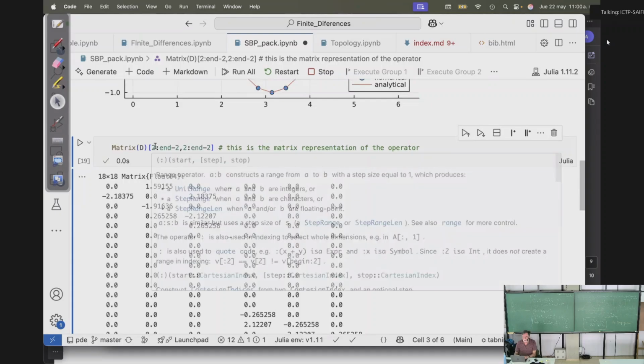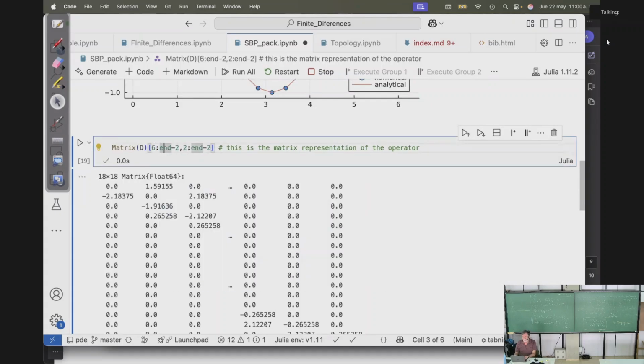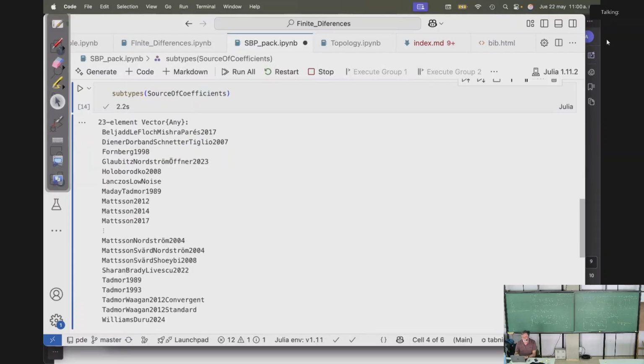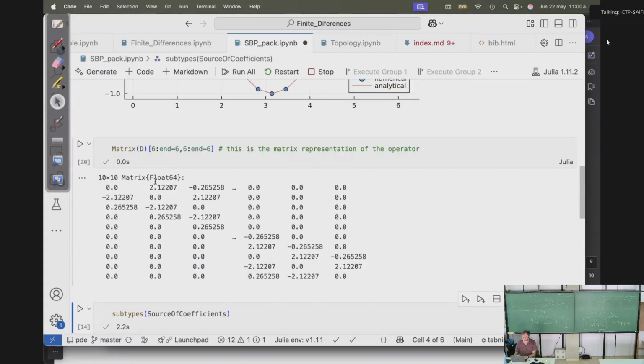Let's say 6. I want to see the middle of the metric. Well, doesn't help this.